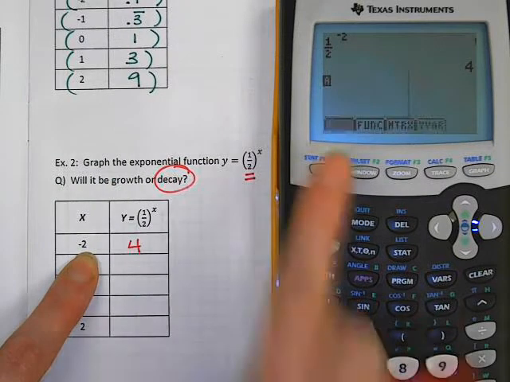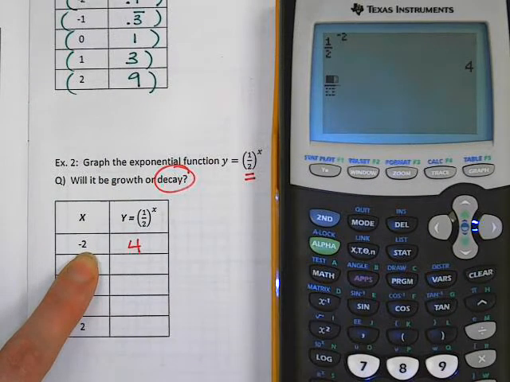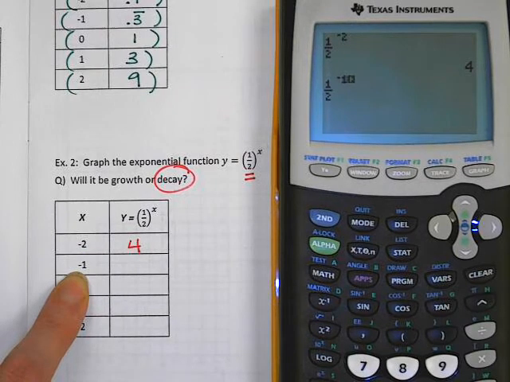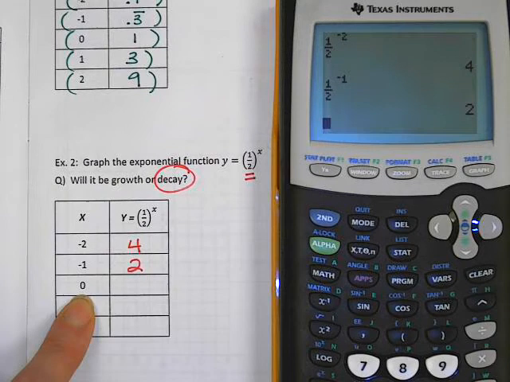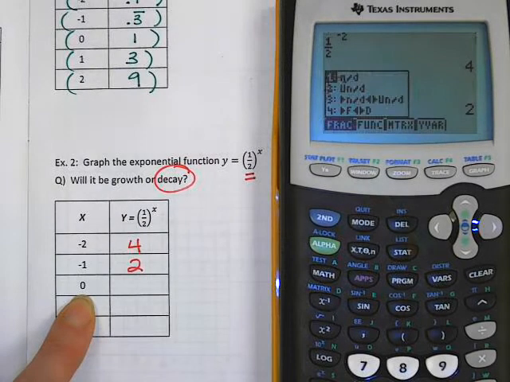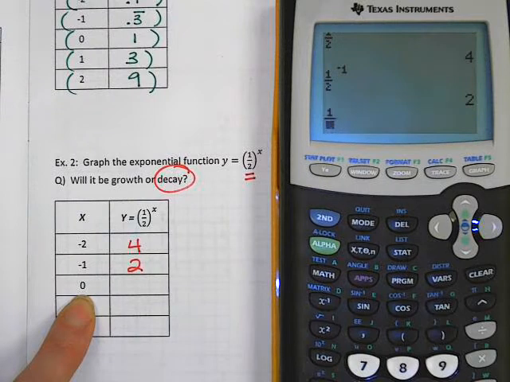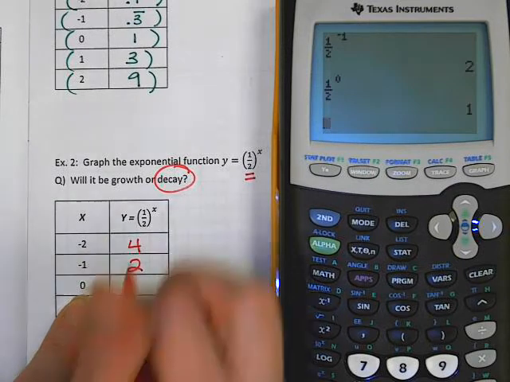Then we do 1/2 raised to the negative 1 power, and you'll get 2. And then we'll do 1/2 raised to the 0 power. Well, you guys know anything to the 0 power is 1, so you don't have to do that.